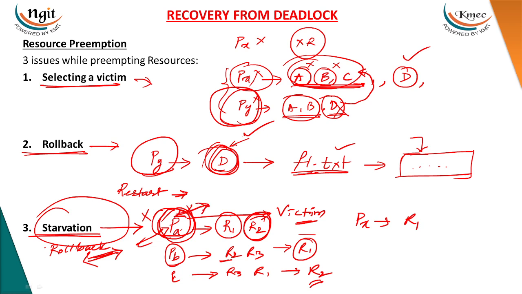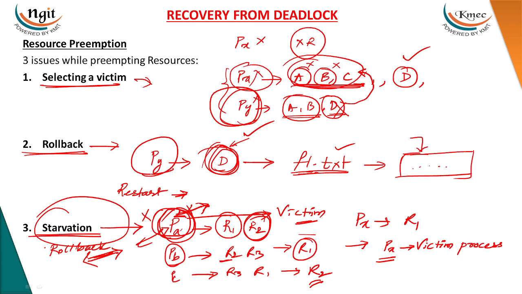So you need to make sure that a process selected as a victim, in resource preemption or process preemption, is selected only a limited, finite number of times. Once the finite number is exceeded, you cannot select that process as a victim; you need to go to another process.